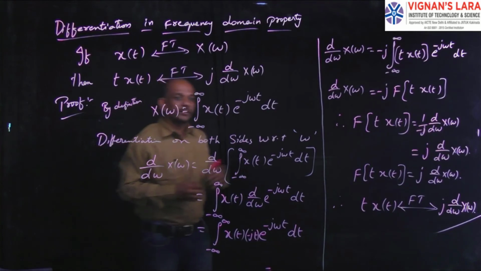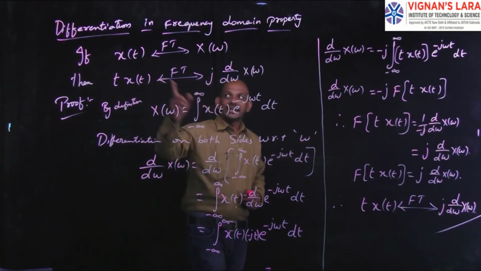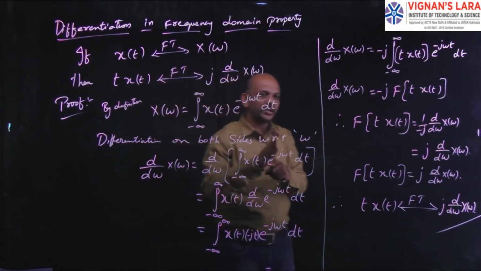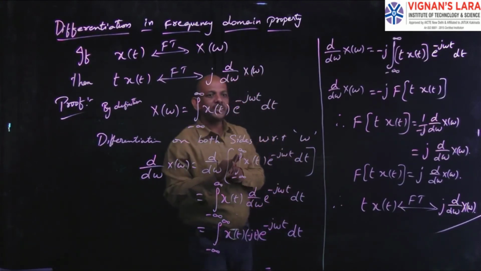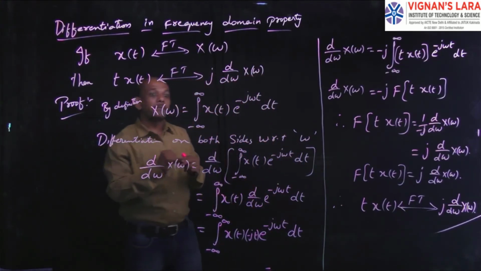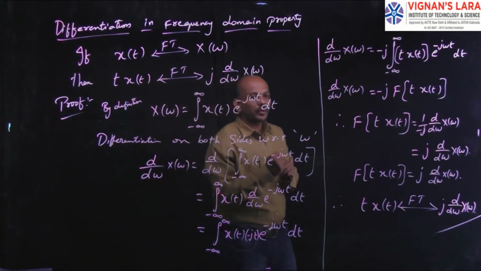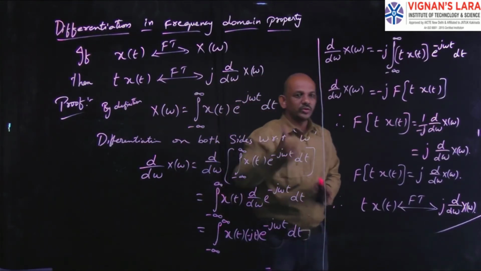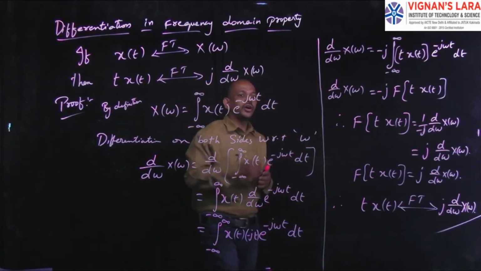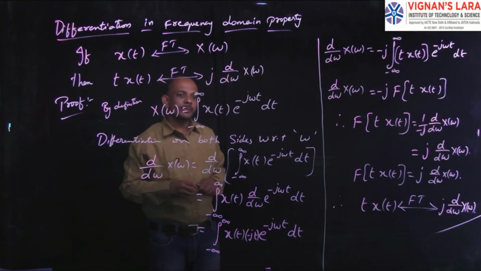So you have to prove the remaining six properties. That is differentiation in time domain property, integration property, convolution property, multiplication property, duality property, conjugation property. So these six properties you have to prove. That is for your practice. So do that at your home.